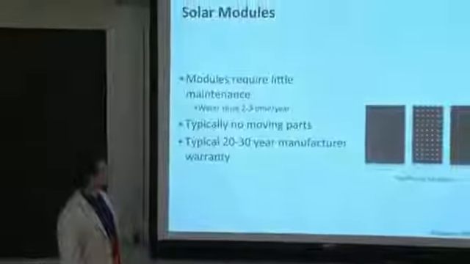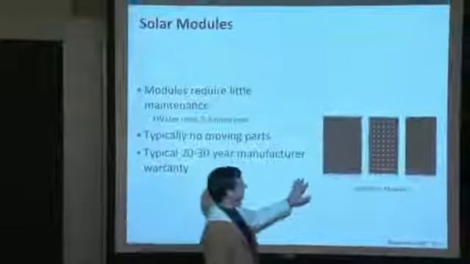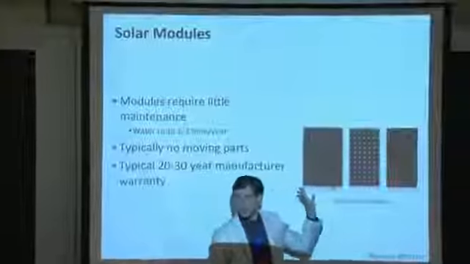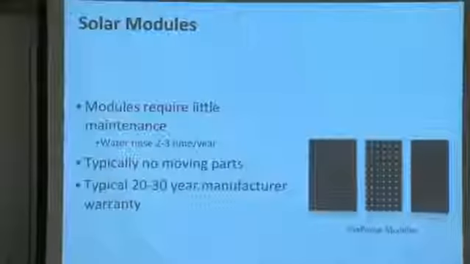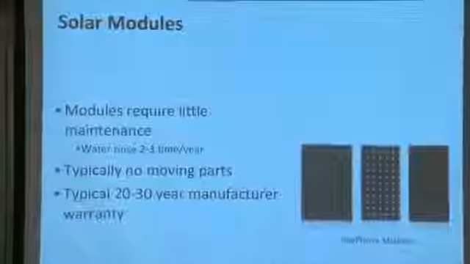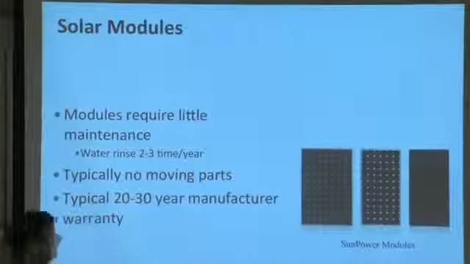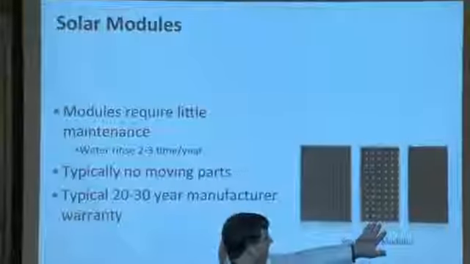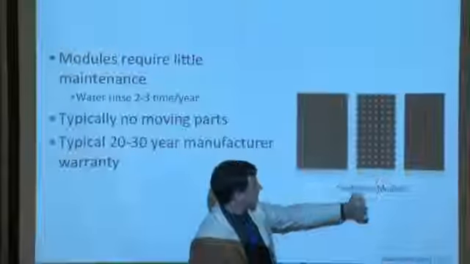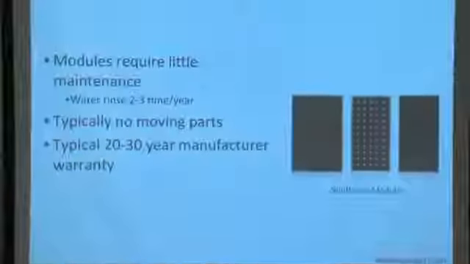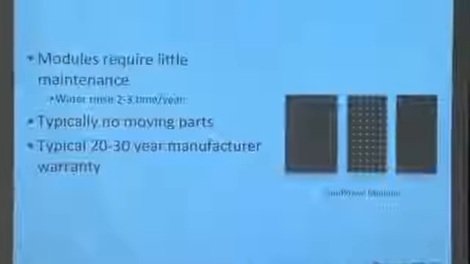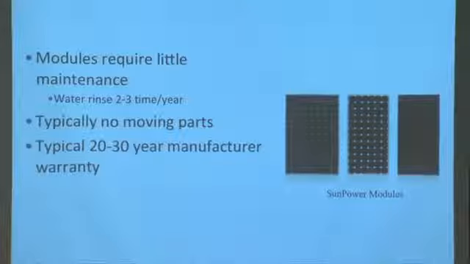Okay. So some basic principles about solar modules. There's quite a diversity of modules when you look at them. These are examples just within one company, just to highlight the range of module types that you might see. Right here, you can see in this particular module, there's very little anti-reflective coating on the glass, so you're able to look through the front glass and see some white spaces in between the cells.